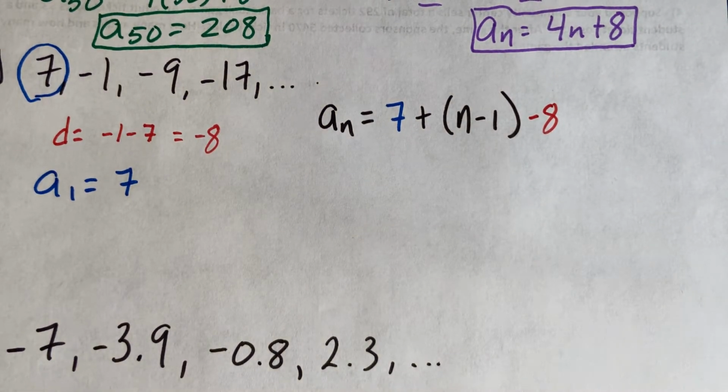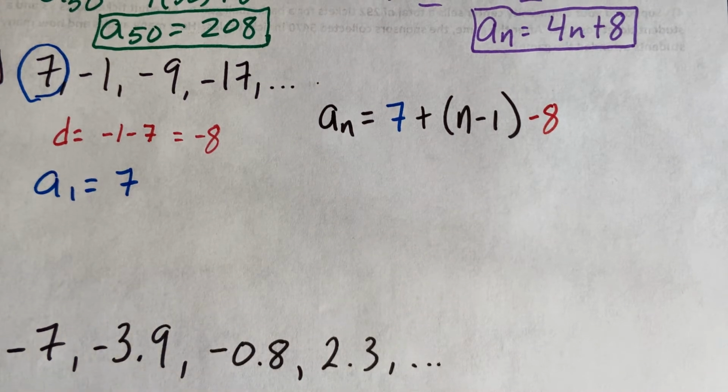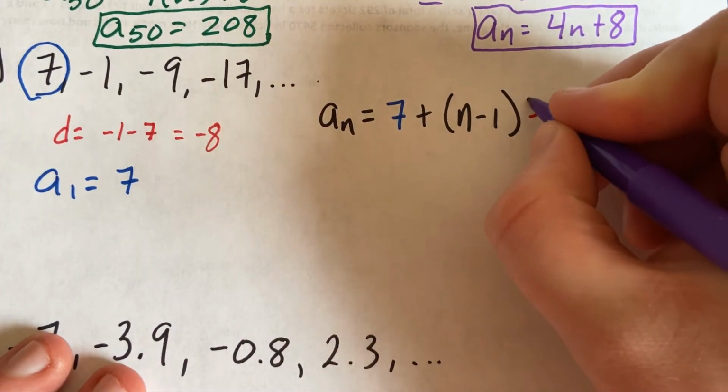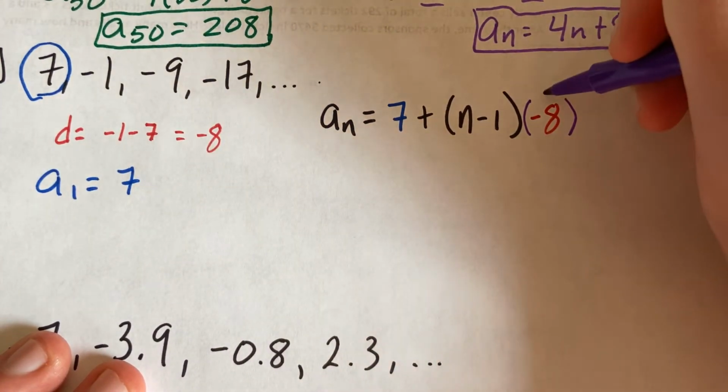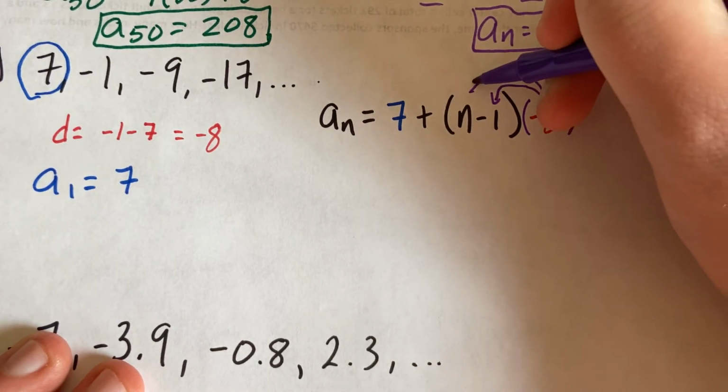So just using the generic formula, these are the numbers that we see. And again, we've got a little bit of a mess that we can clean up here. This -8 is stuck by multiplication, so we can go ahead and distribute this -8 to the n and the -1.